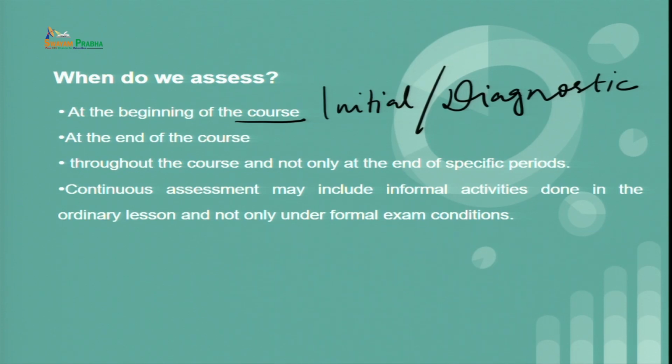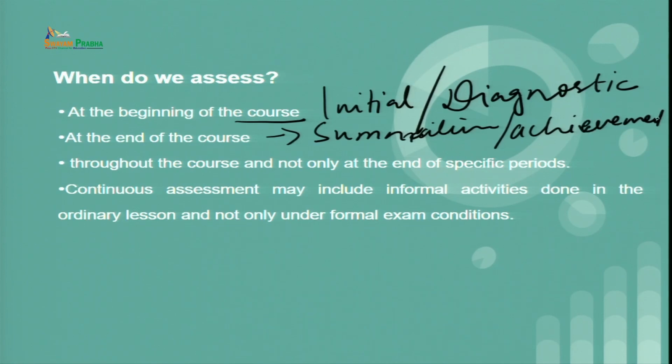Now at the end of the course, we do the summative, which means whether we have achieved the goal or not, and we also call it an achievement test, which is quite important when it comes to the completion of the course, that is, how much achievement you have made or how much gain you have collected from the course.